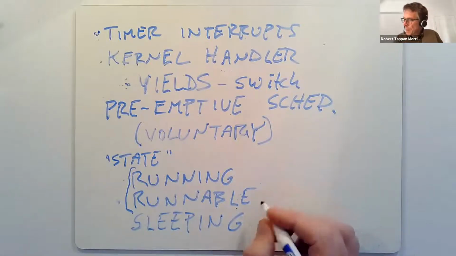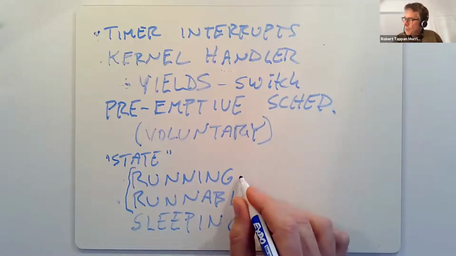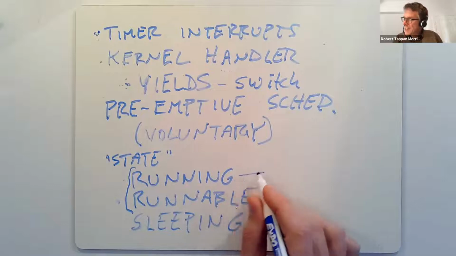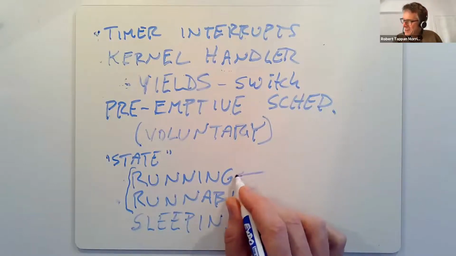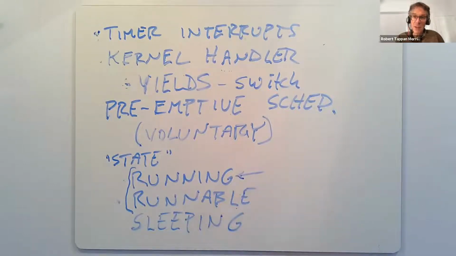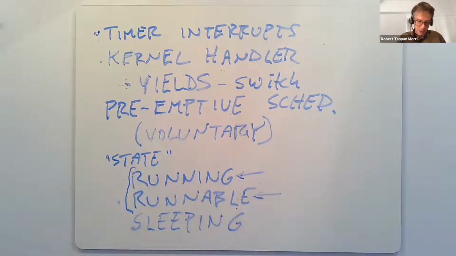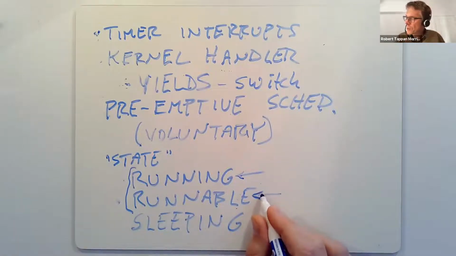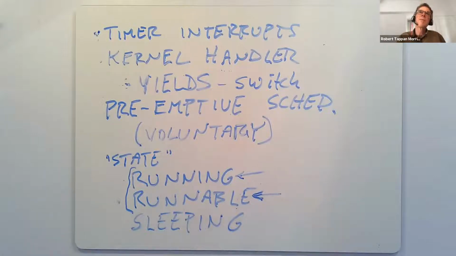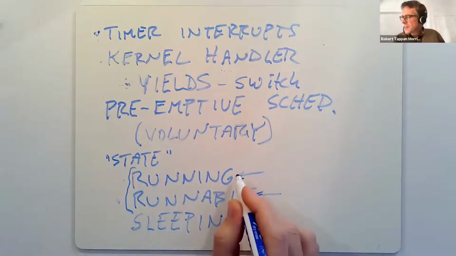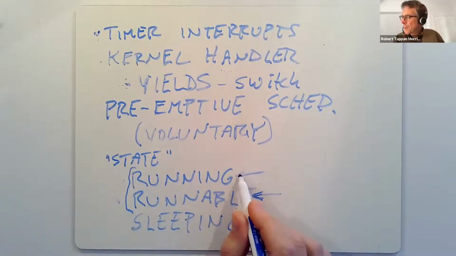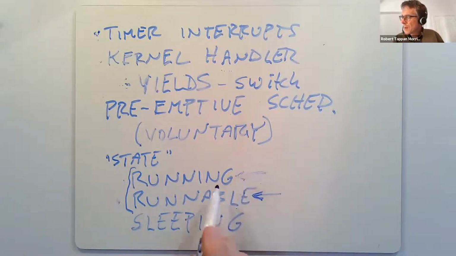Okay, so a running thread has its program counter and registers actually in the CPU, in the hardware registers of the CPU that's executing it. A runnable thread doesn't have a CPU associated with it, and therefore for every runnable thread we need to save whatever state the CPU was keeping when that thread was running.